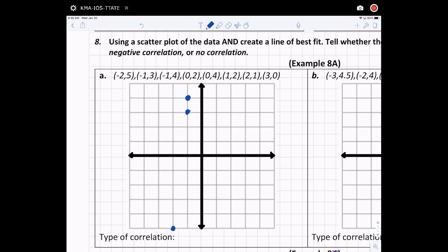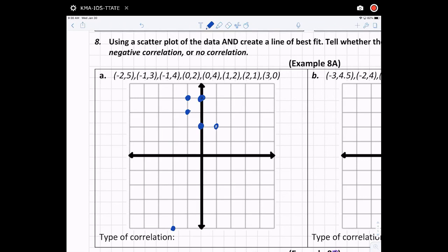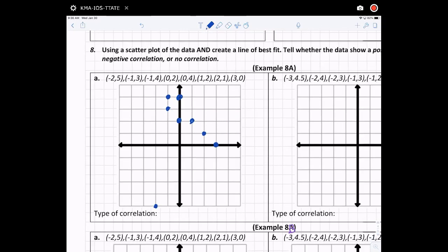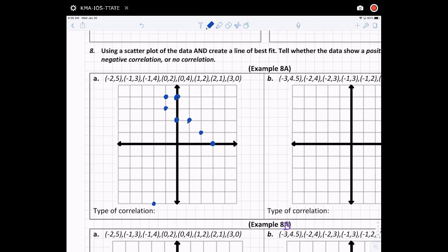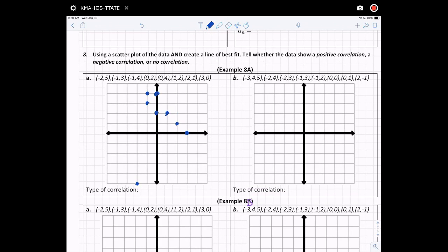Negative 1, 4, 0, 2, 0, 4, 1, 2, 2, 1, and then 3, 0. And then we'll talk about the correlation in a second, and we'll make a little line as well.